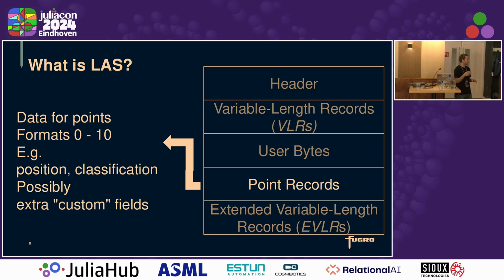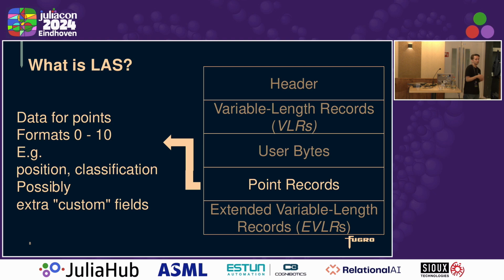The main bulk of your file is going to be in the point records. A point record contains data for your points, obviously. The LAS spec defines 11 point formats that you can use, and each point format is a unique combination of what I'll refer to as LAS fields, which are properties associated to a point, like its position, its classification, its intensity, that sort of thing.